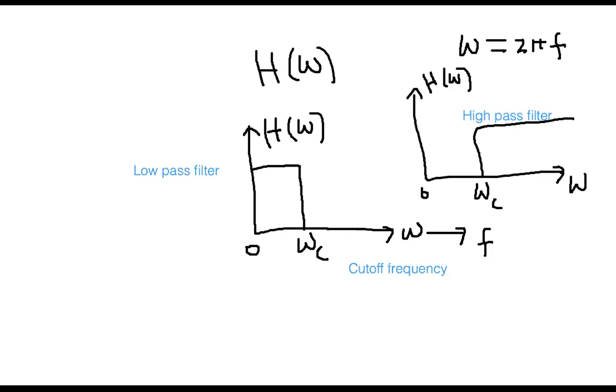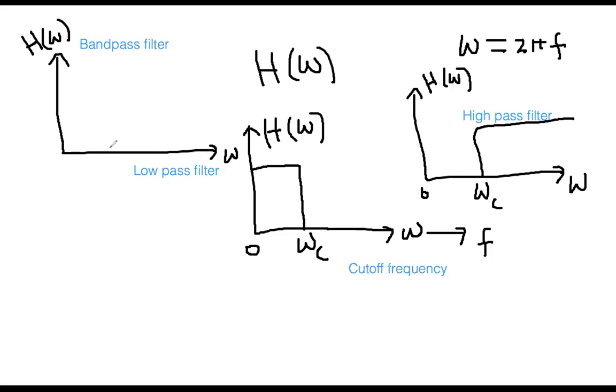Now there was the band pass filter. There is another type. Let me write here, it is called the band pass filter. So what is that band pass filter? Let me draw it here. Again, always in this axis omega and in this axis my transfer function. So when I am plotting that, the band pass filter is like that.